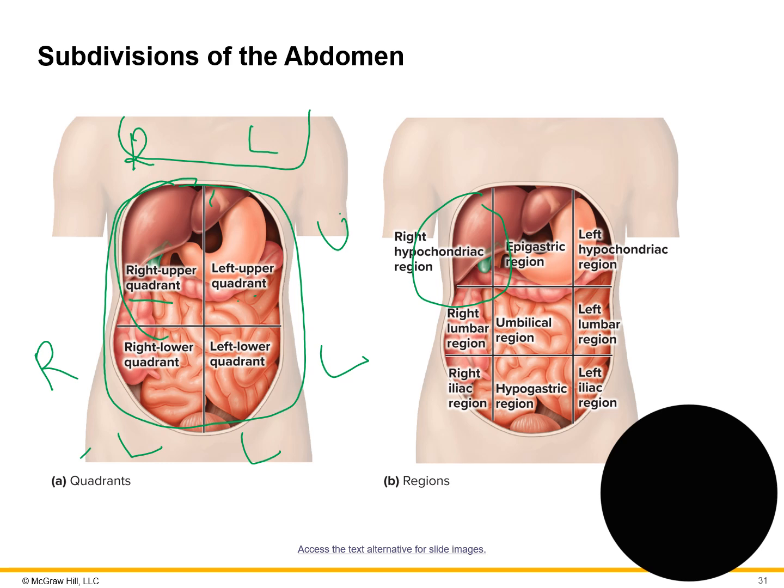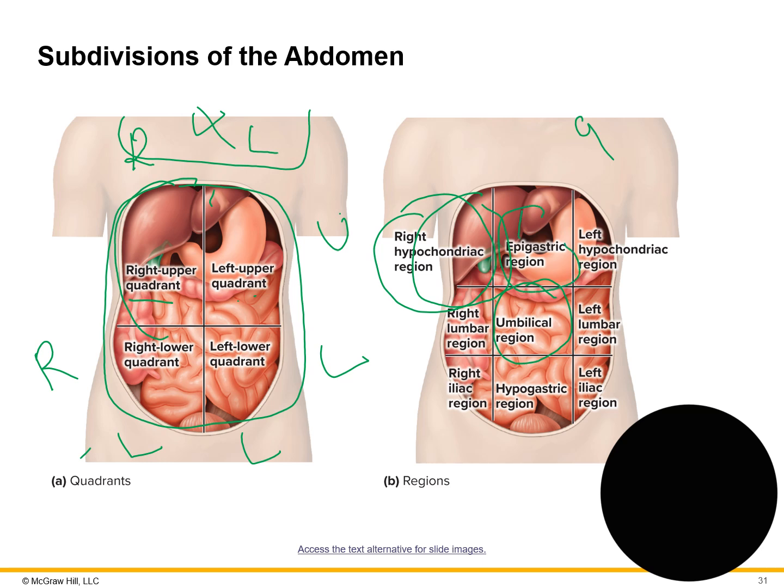Now if you want to make a little bit more regions, there are 9 regions. There are 4 quadrants and 9 regions. The 9 regions are: right hypochondriac region. First start here with the umbilical region. You all know that one, the umbilical region, the middle portion. Above that, epigastric.